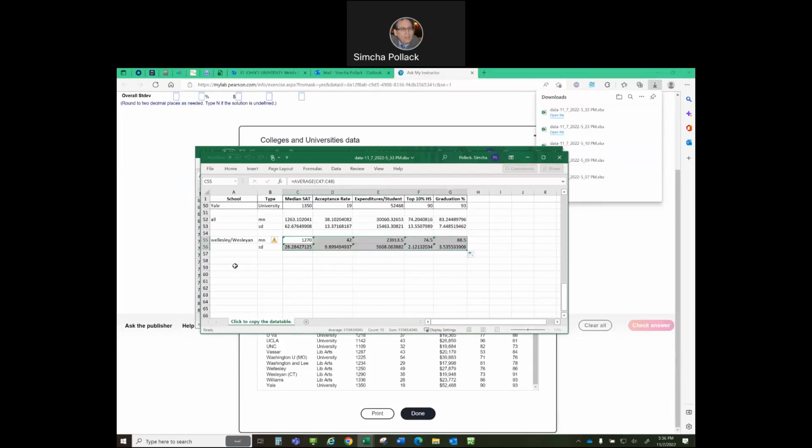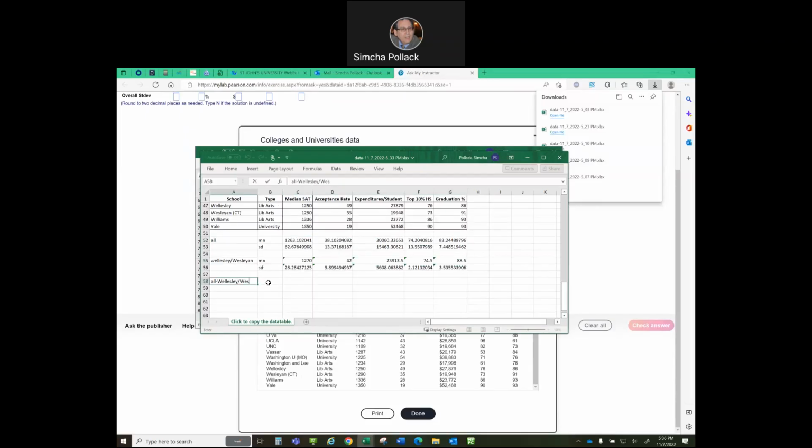Okay, and finally they ask us to see how far apart is all minus Wellesley, etc. And again, we're doing it on two levels, the mean and the standard deviation. And of course, that's trivial if you know Excel by now, equals all, which is C52, less C55.